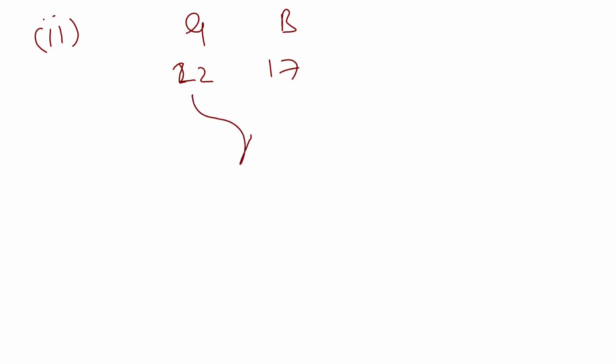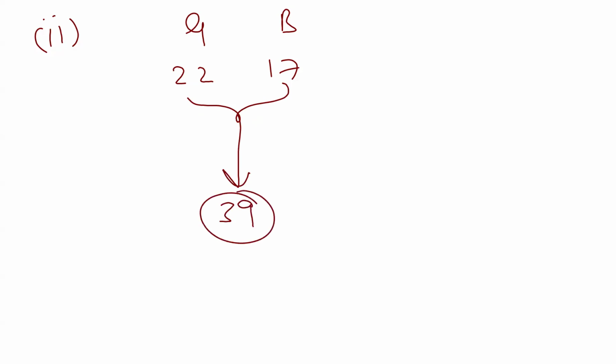So there are in total 39 kids. Out of this 39, one has to represent the class. So there are 39 choices.